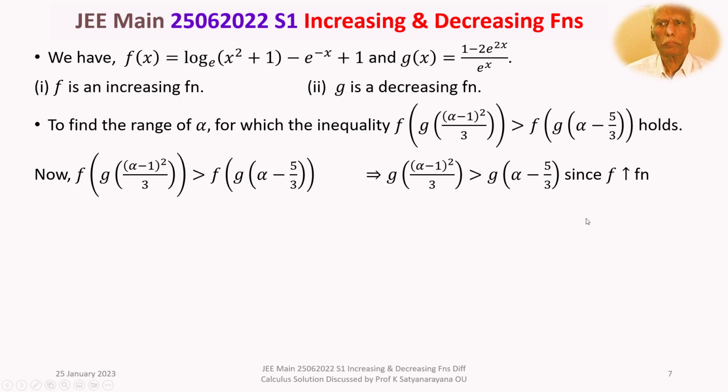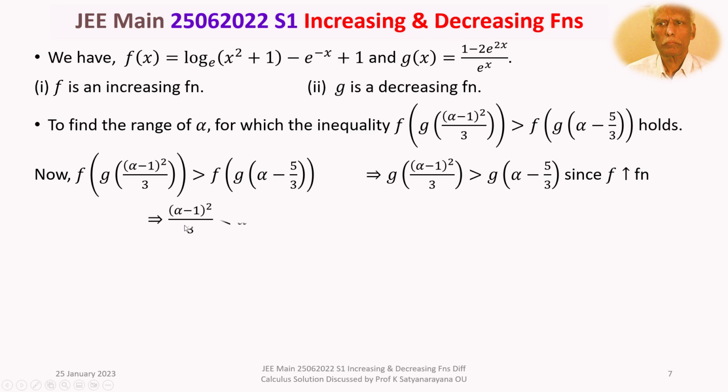Now again, look at this g. G is a decreasing function. So g of x1 greater than g of x2 will imply x1 less than x2. That is the decreasing nature.